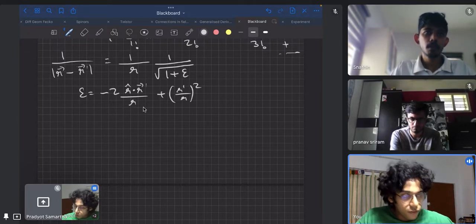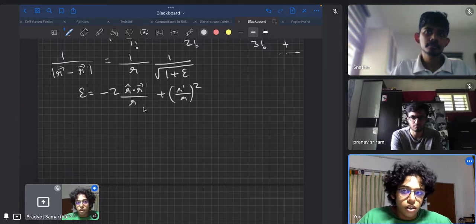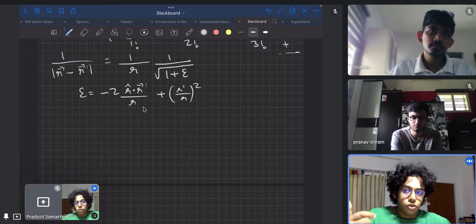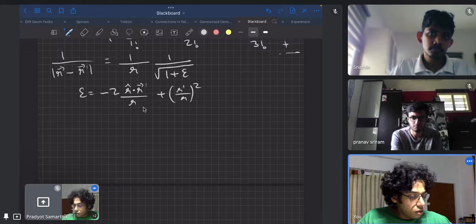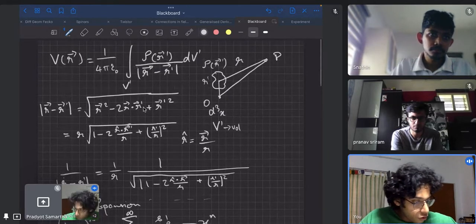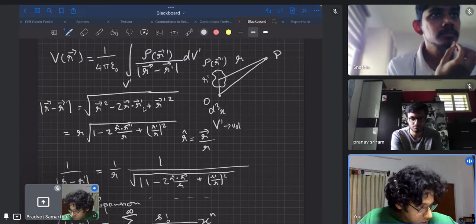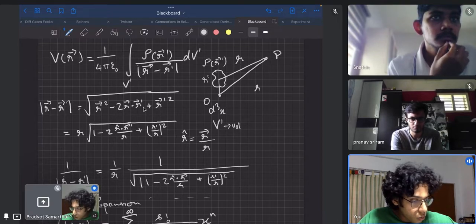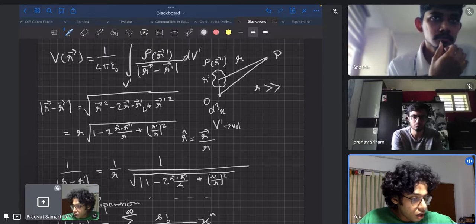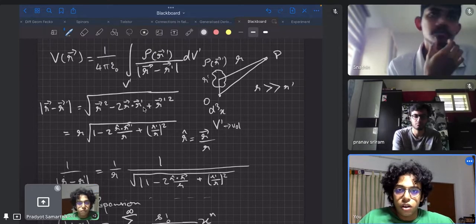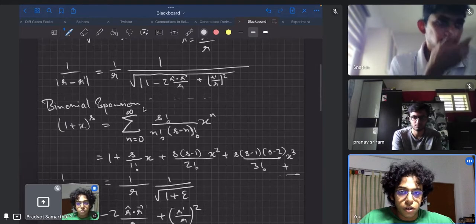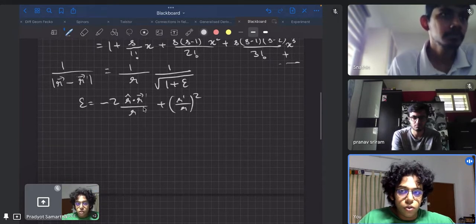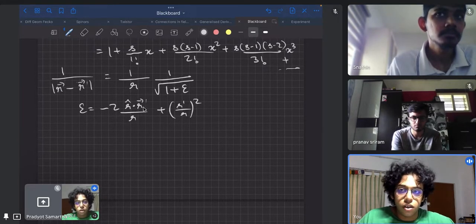So the condition that we have taken is r prime is much smaller than r. I forgot to mention it specifically, but you're working with the premise that r is much larger than r prime. Given this premise, you can write this whole thing in terms of this.